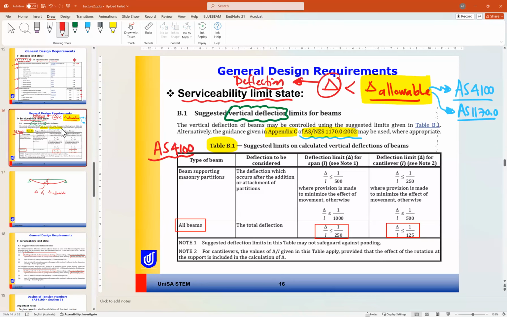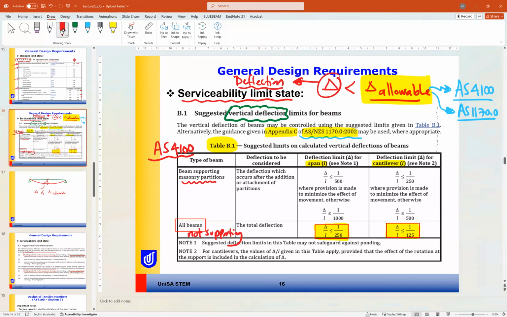This allowable limit is based on one criterion, which is whether the beam is supporting a masonry partition or not. If it is not supporting masonry, the deflection limit is span over 250, for a normal or simple beam. For a cantilever, it is span over 125.